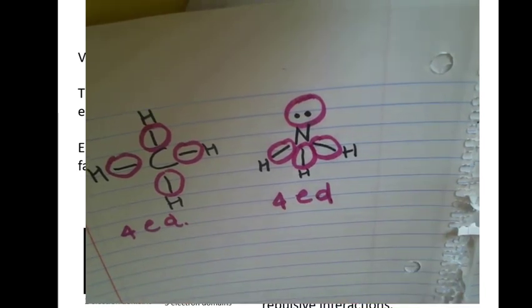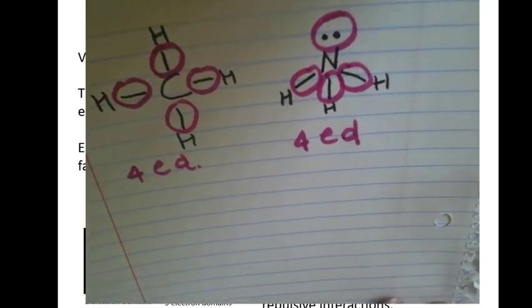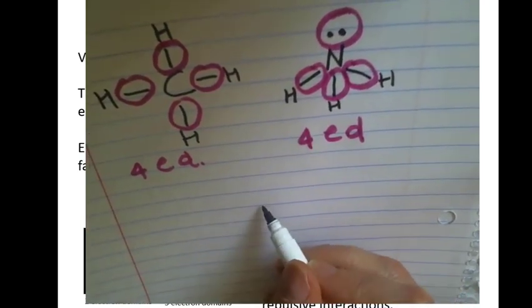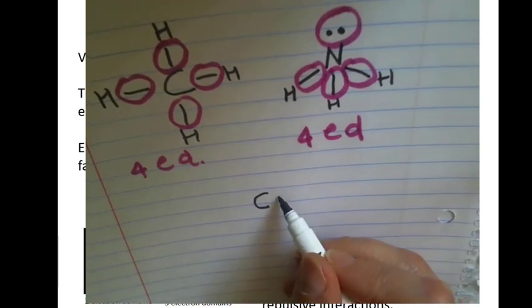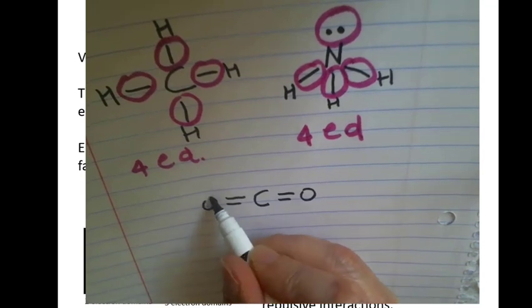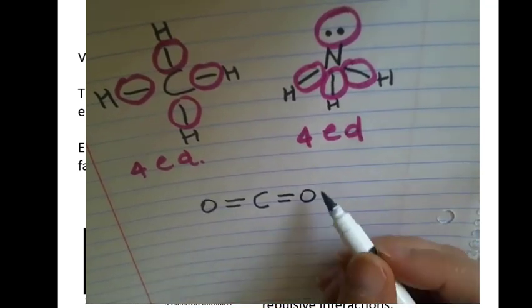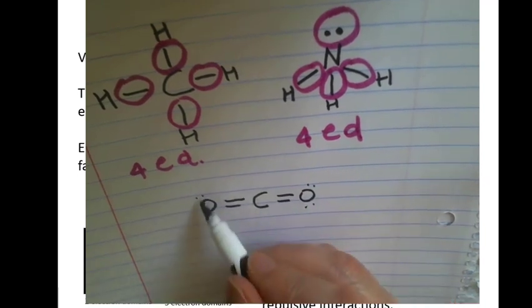What if we have multiple bonds? Say, for example, we have CO2. Now, CO2 has a Lewis structure with a central carbon and then oxygen bonded to it, and do remember that we do have lone pairs on the oxygens there.